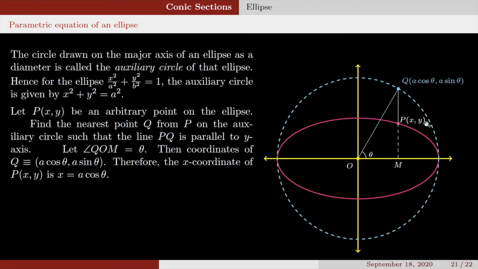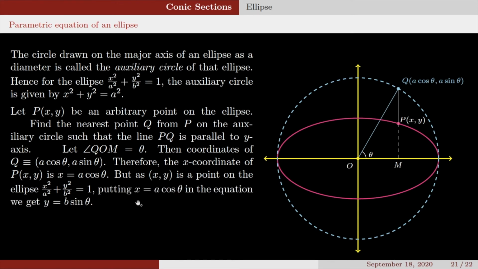Once you have got the x coordinate, you just put it in, since (x, y) is a point on the ellipse x square by a square plus y square by b square equal to 1. You put x equal to a cos theta in this equation and you get y equal to b sin theta. So this becomes a square cos square theta by a square. A square cancels. So cos square theta plus y square by b square equal to 1.